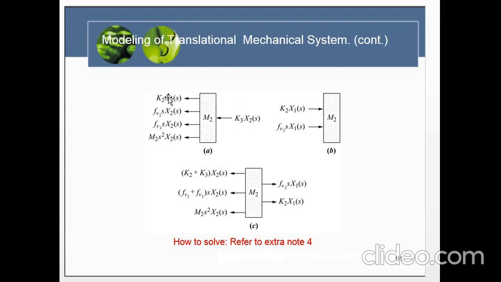That is the force that works in M2, and then by looking at spring 2 and damper 3, there is the effect on M2, and the total of all is so. Then for solving this, please prepare an extra note.